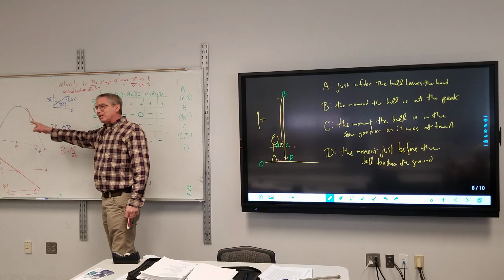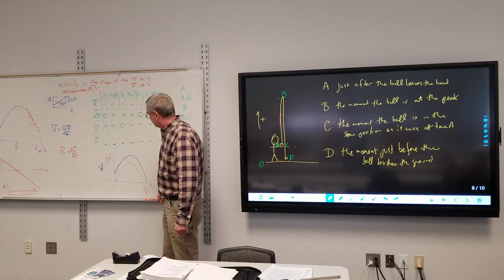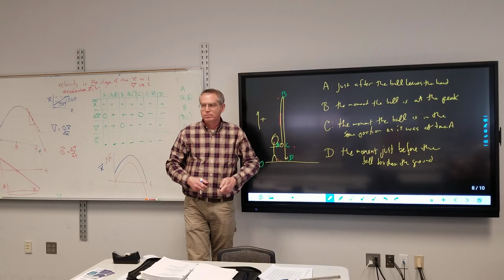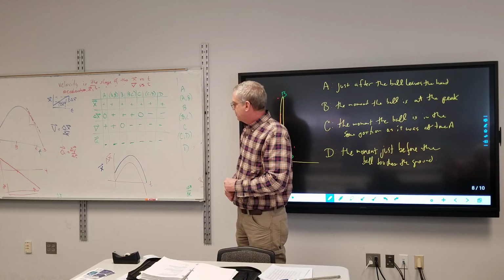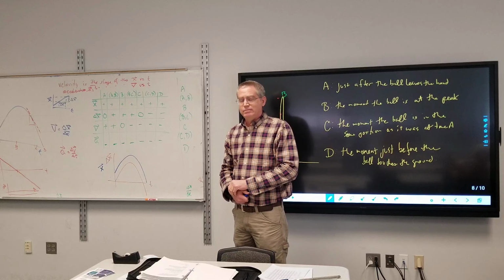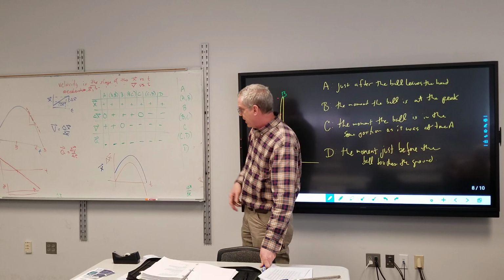So if whatever color that is, red, is my displacement graph, my position graph is just shifted up from my displacement. Or shifted, in general, it's just shifted up or down.